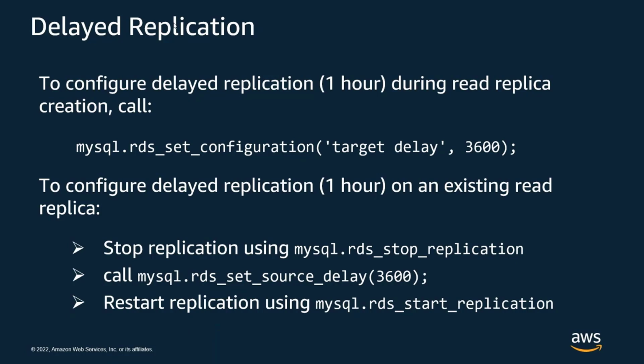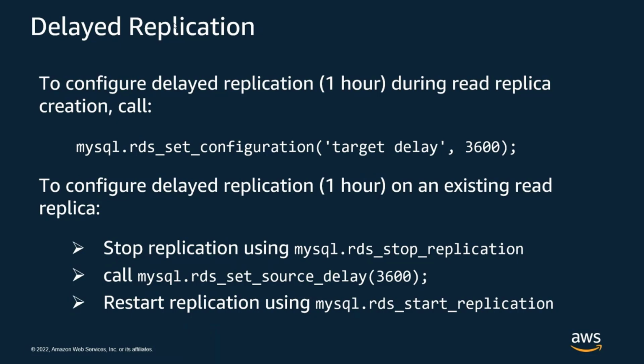So for example, the first example we have here is a delayed replication setup during a read replica creation for 1 hour. So we pass the target delay parameter a value of 3600, which is 1 hour in seconds. If you wanted to configure delayed replication on an existing read replica, what you need to do is first stop replication by calling the RDS stop replication procedure.